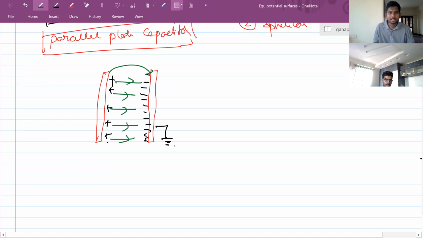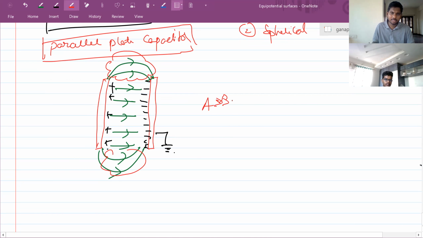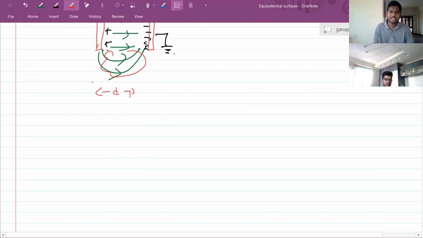But actually, this one also will happen. But actually, this effect will be neglected. You consider that the area is much greater than the distance between the plates here, and so the fringe effect will be neglected. Electric field is not constant there, not uniform. For general problem solving, we neglect the fringing effect.